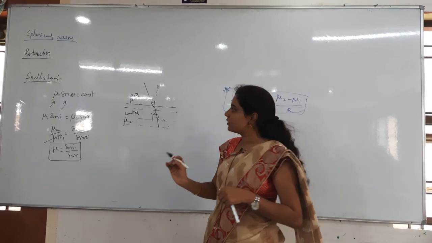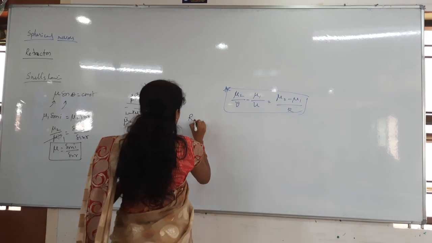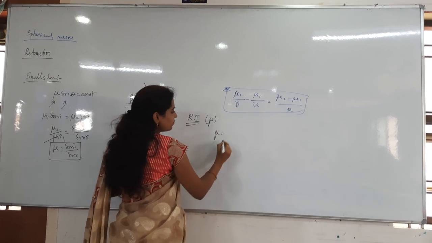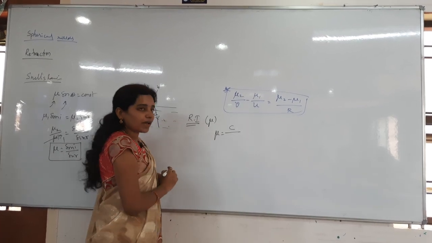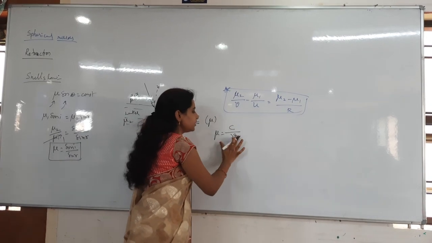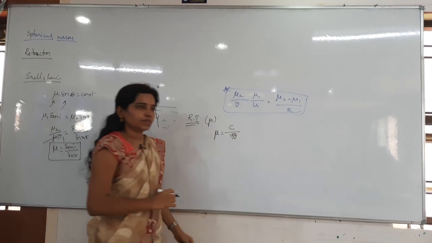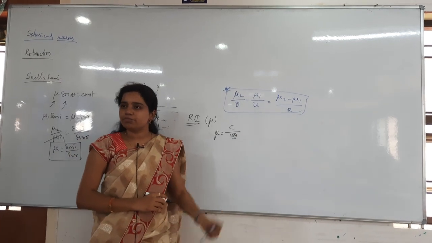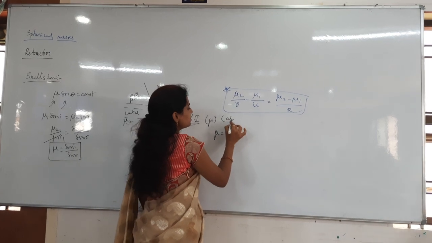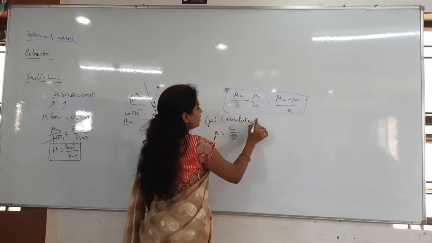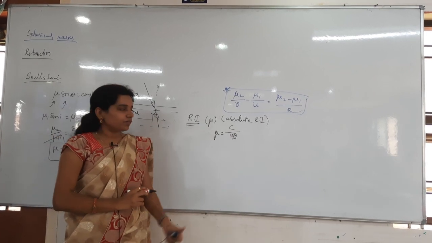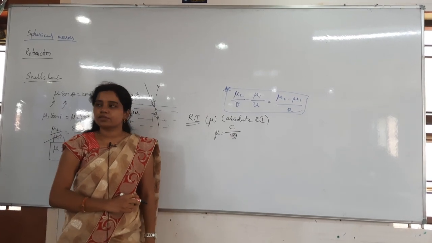Now we will see about the refractive index. What does refractive index mean? Refractive index is simply the ratio of the velocity of light in vacuum, C, divided by the velocity of light in the medium, V. So mu is equal to C by V. This is known as the refractive index or absolute refractive index. What is the unit of mu? No units.